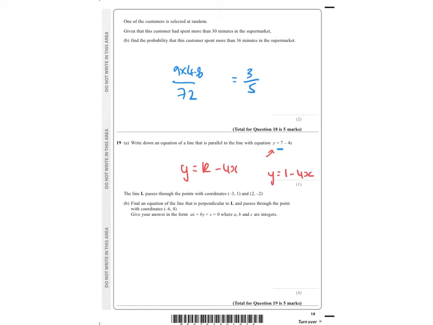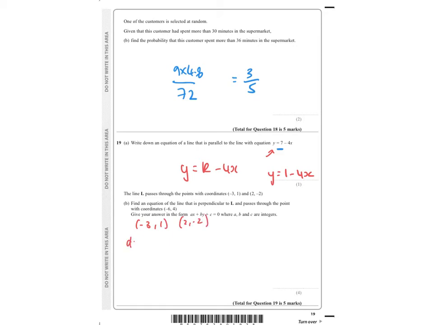Okay. Part B. The line L passes through the points with the coordinates -3, 1 and 2, -2. Find an equation of the line that is perpendicular to L and passes through the coordinates -6, 4. Well, first of all, if we have a look at the line L, we have -3, 1, 2, -2.